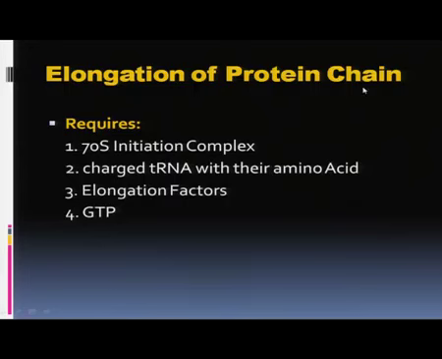The elongation of the protein chain requires the 70S initiation complex, which has already formed in initiation of protein synthesis, charged transfer RNA with their amino acid, elongation factor and GTP molecule as energy source. So, these are the requirements for the elongation of the protein chain.